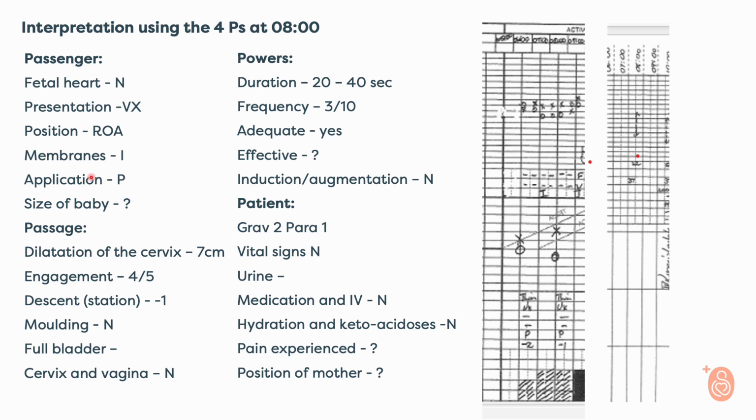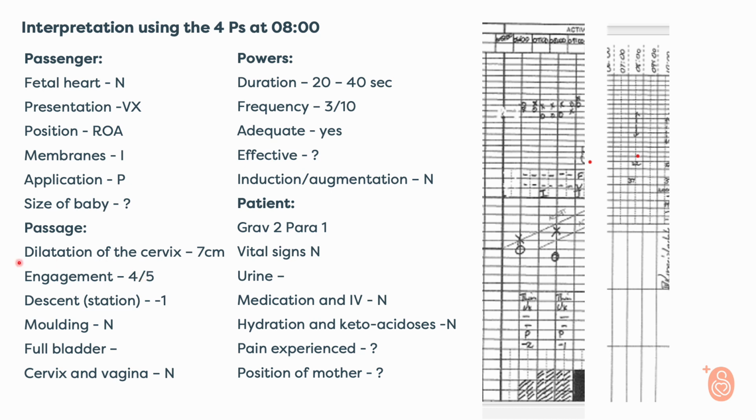The application is still poor because we can see here that the engagement is still very poor as well. So according to this, it looks like the passenger seems to be okay. This application still remains a problem. Remember, we've said this is linked directly to the adequacy of the contractions.